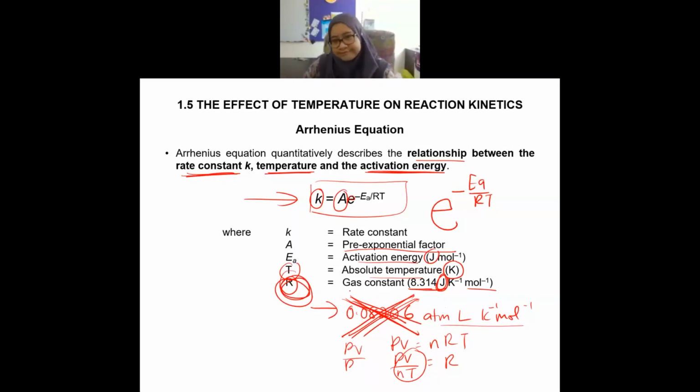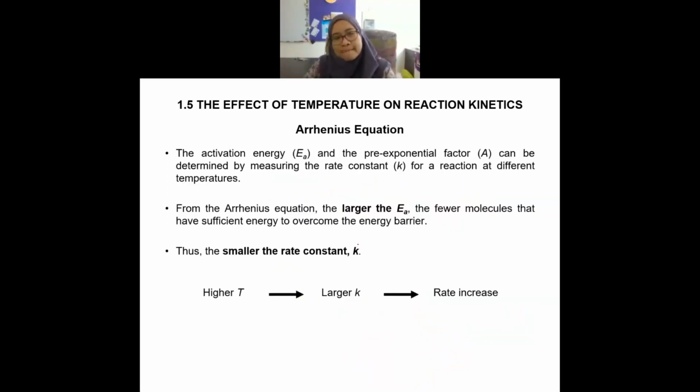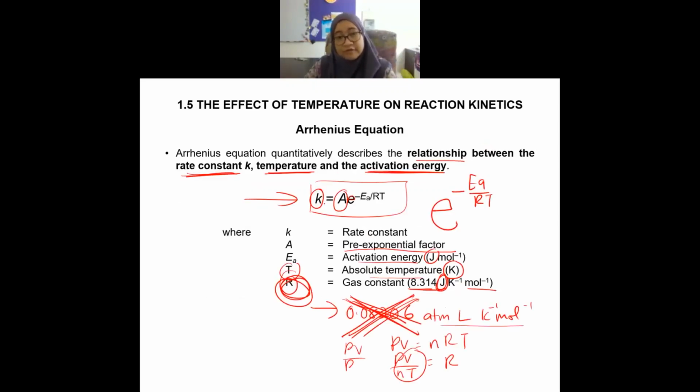Okay, gas constant. Okay, right, so this is the formula of Arrhenius equation. The activation energy and the pre-exponential factor, which is A, can be determined by measuring the rate constant for a reaction at different temperature. Okay, so basically we have k is equal to Ae to the power negative Ea over RT, right?